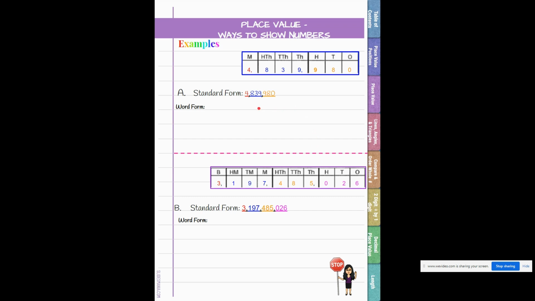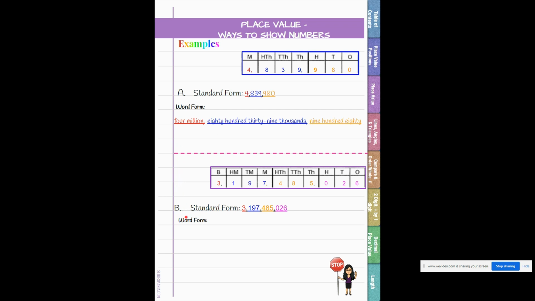In your assignment, you're going to have some other problems that you have to write in word form. So here are just 2 examples. So if you have 4,839,980 and you write it in word form, you would write it as 4 million, 839,000, 980.